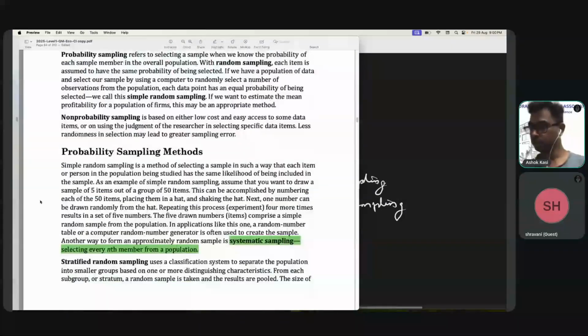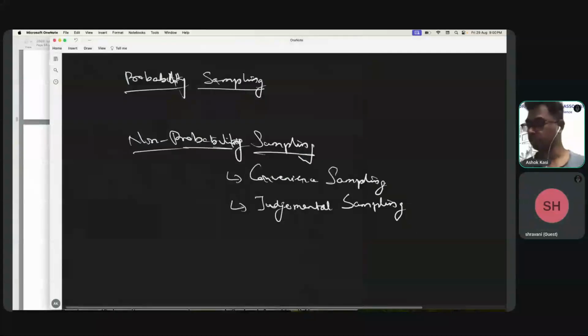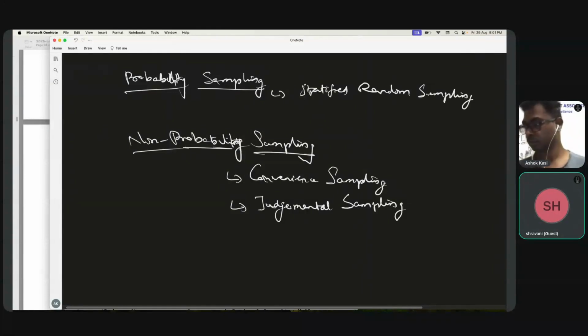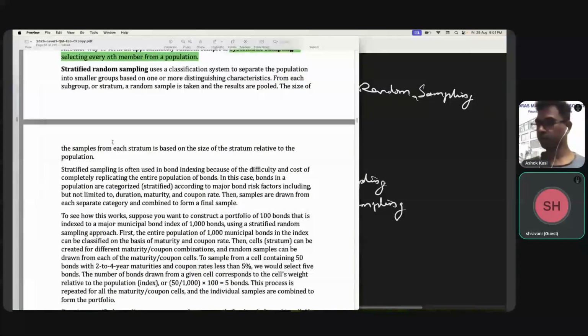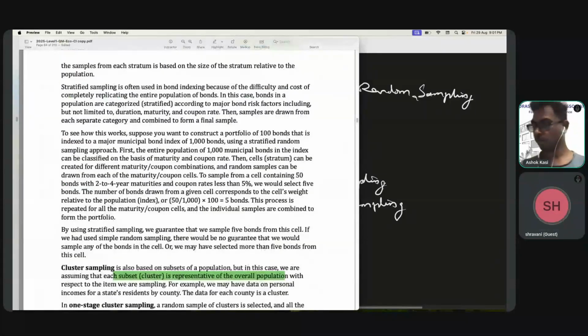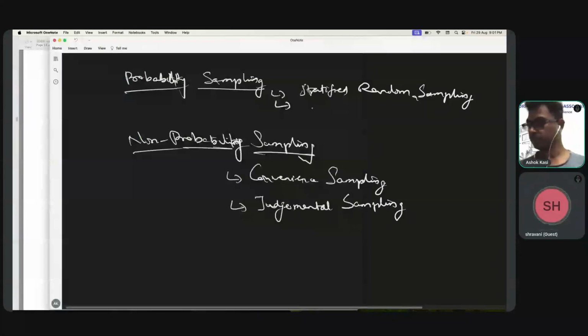Probability sampling involves stratified random sampling, cluster sampling.